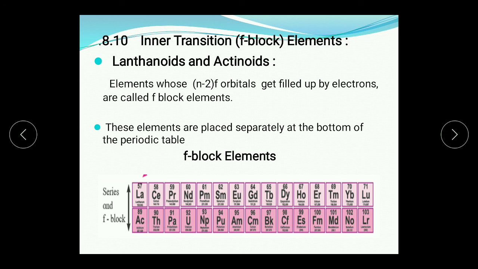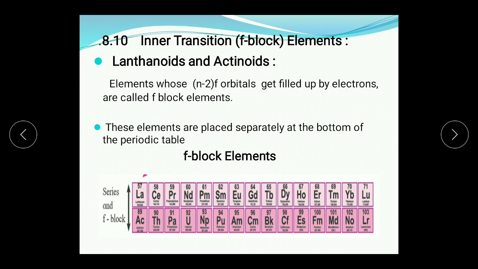That means the first member, cerium, has only 1 electron in the f orbital. And then it comes up to the last member, that is lutetium 71, where 4f 14. And again from 72, which is a D block element, D block starts filling up. So 5d, which contains only 1 electron, will now start filling up 2, 3, 4 like this.